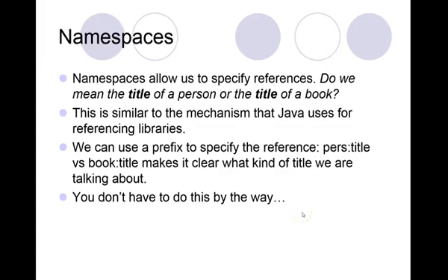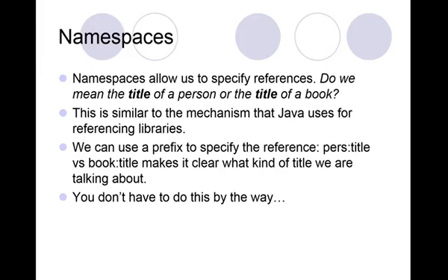Okay, I started to talk about namespaces a second ago. Basically, a namespace allows us to specify our references. And these kind of work like the mechanism in Java that is used for referencing libraries. So let's think about the idea of a title. The title in the realm of a person can mean something like Mr., Mrs., Ms., Miss, Doctor, Father.